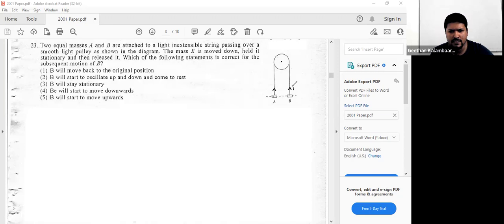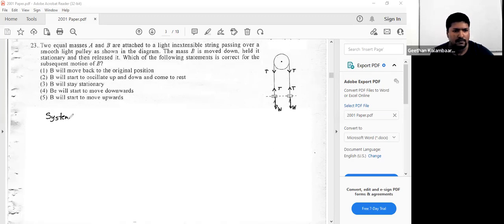The tension is the same. You can also mark forces on the pulley. They are also tension forces. And the weights of both of them, A and B, seem to be equal, right? So there's no resultant force. The system is in equilibrium, right?